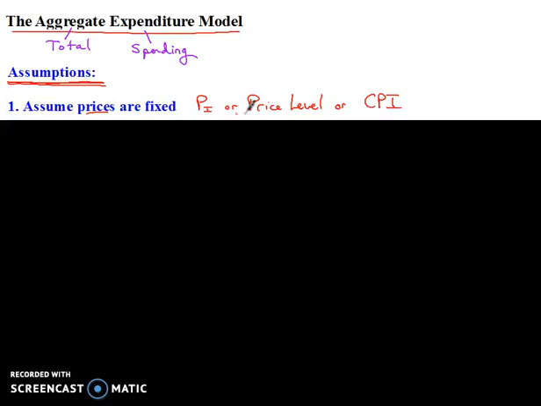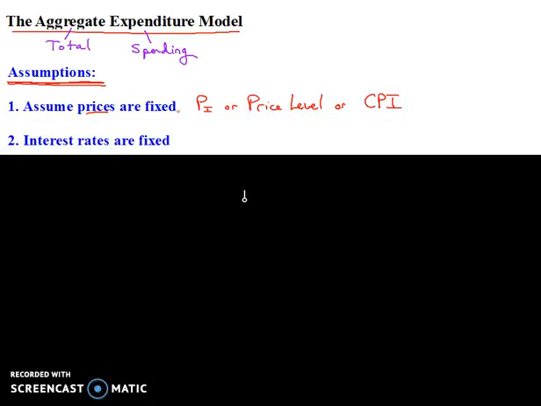However we measure prices in society, we're going to assume that the price level is fixed. That does not mean the prices of individual goods and services are fixed. The general price level in the economy is fixed. That assumption will carry through a lot of the model, though we'll drop it at some point.